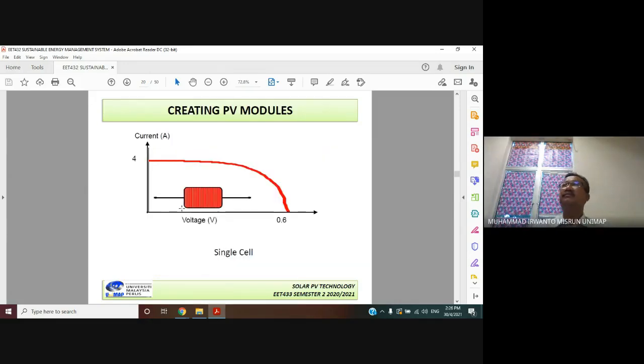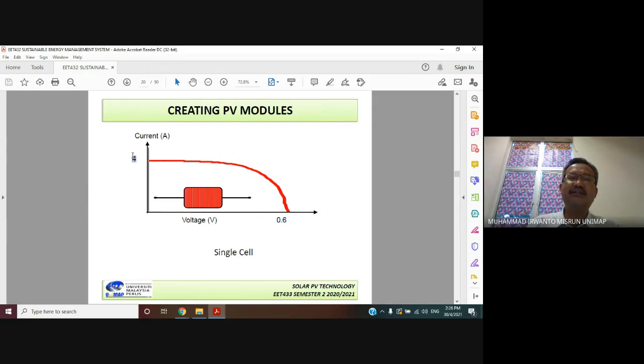Okay, and then we want to discuss the characteristic of the PV module, or PV cell. Let's say this figure is one cell. One cell can generate a voltage of 0.6, that is for the voltage.